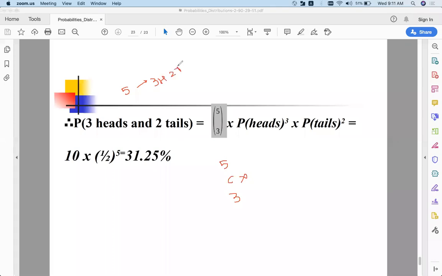The 2 tails is obvious, because out of 5, if 3 are heads, the remaining will be 2 tails. So for the probability of 3 heads and 2 tails, the formula is given by 5C3, where 5 is the total number and 3 is the number of heads you're looking for, multiplied by the probability of success, which is the probability of head to the power 3.